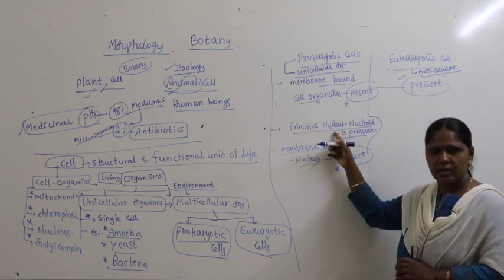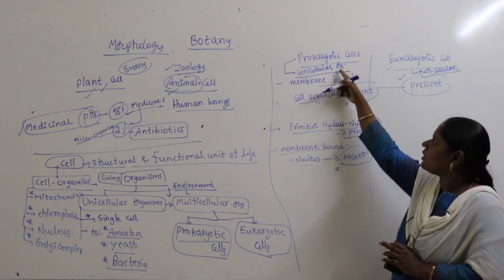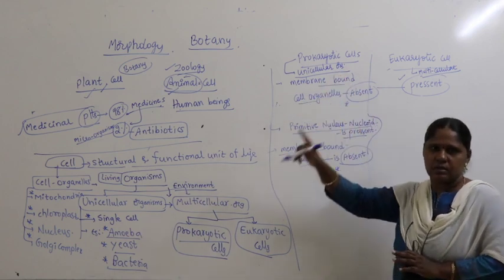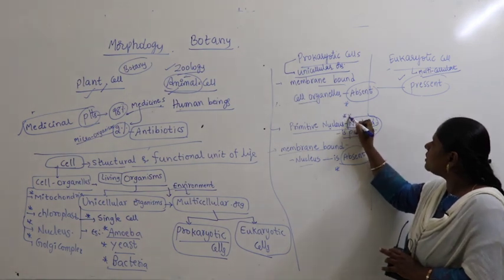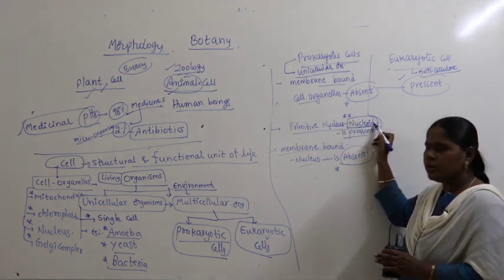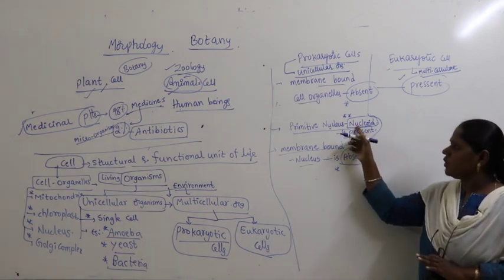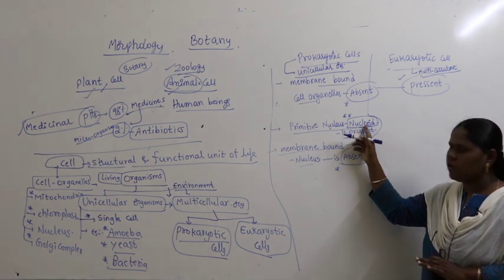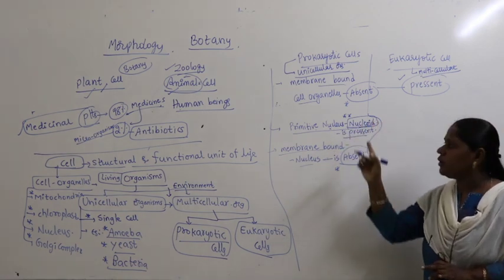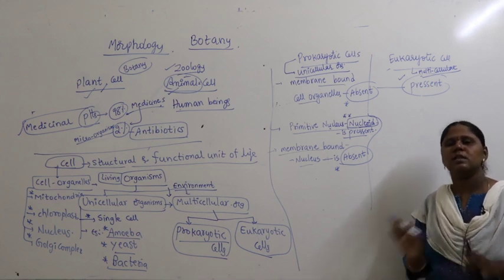This primitive nucleus in first formed organisms like unicellular organisms is called nucleoid. What's the meaning of nucleoid? Nucleus without membrane. That's why it's called nucleoid. Nucleoid is present but membrane bound nucleus is absent.